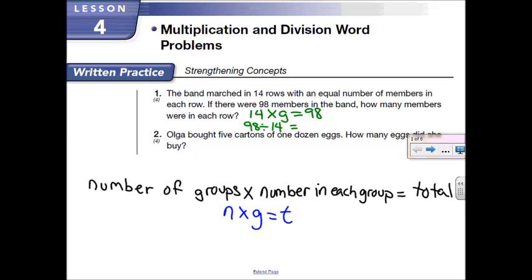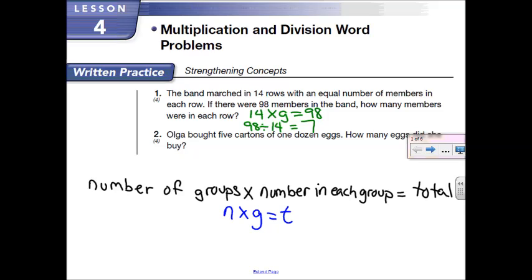So 14, 28 is 2 14s, 2 28s is 56, and another 28 gives me 84, and one more 14 gives me 98. So that's 7 groups. So 98 divided by 14 is 7.